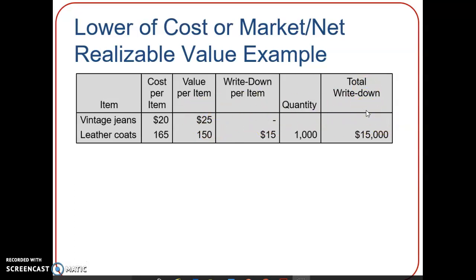So the rule says if and only if the current value is smaller than the cost or the historical cost, that's when we're going to do a write down. If the current value is the same, or in the case of vintage jeans, higher than the cost, then we don't need to do anything.